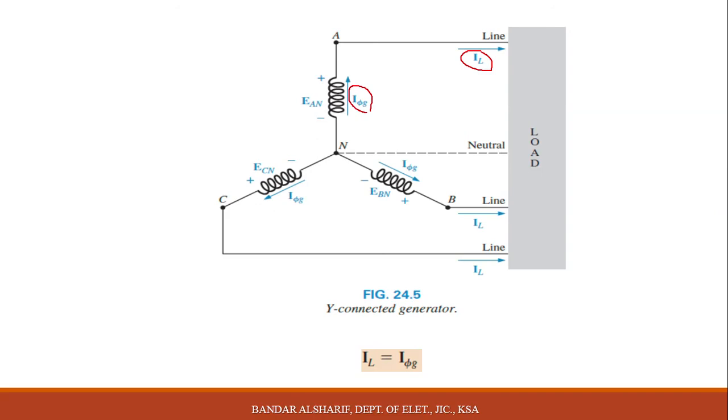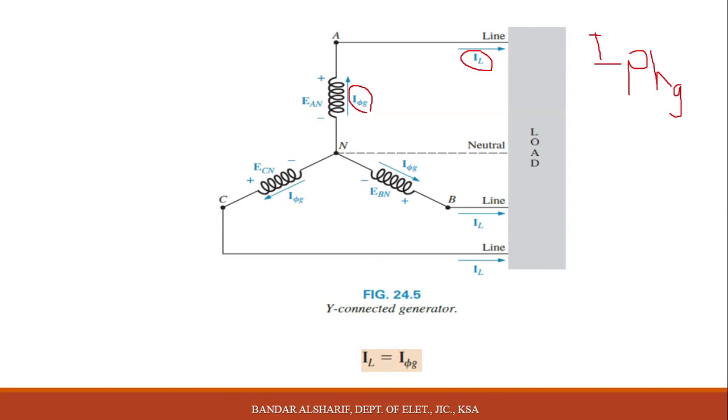We write this by phi, it's considered as phase if you see it, or sometimes we can write I phase like this. When we write here I phase G, this means I phase in the generator side. Some books write it like this, but you will know what we mean when we write I phase or I line.